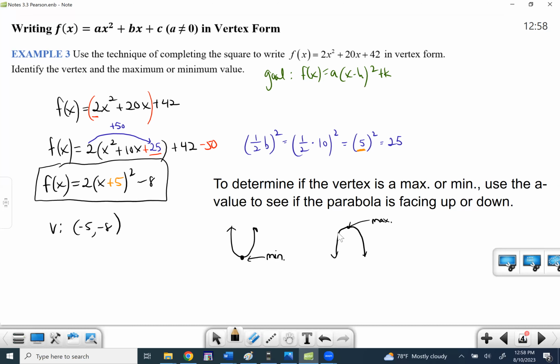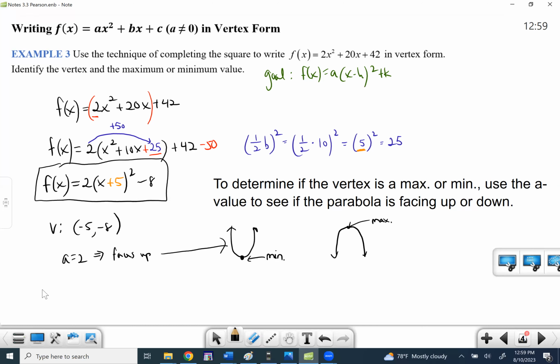But actually a negative will make it face downward, which will actually make the vertex a max, okay? So since our A is 2, right? A equals 2. That's going to imply that it faces up. So we have this particular case right here, right? So that means that the vertex would be a min, okay?